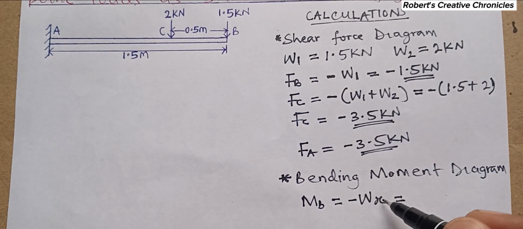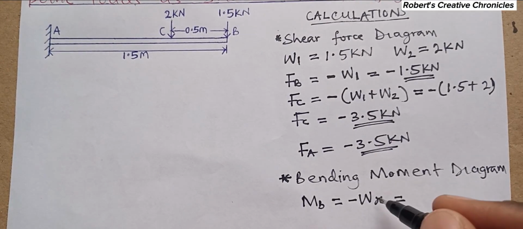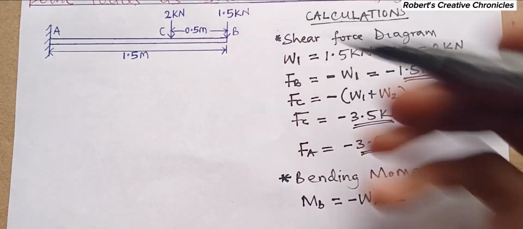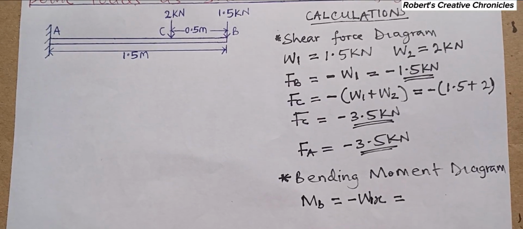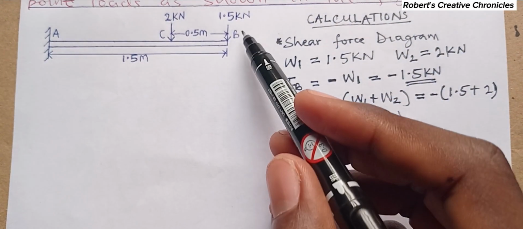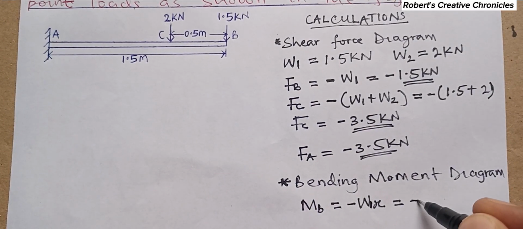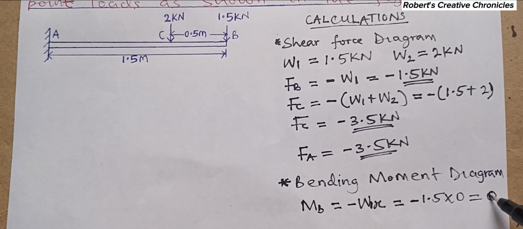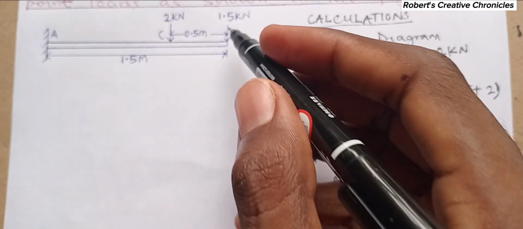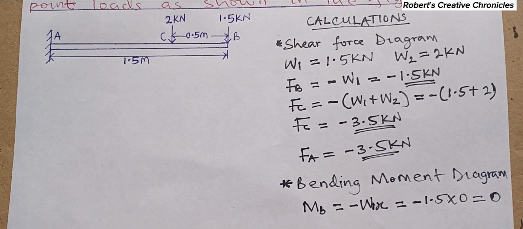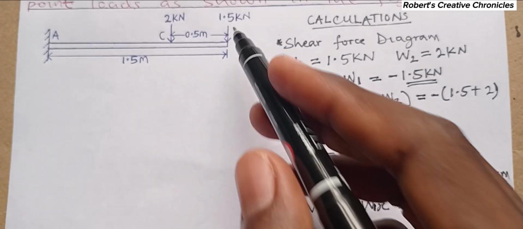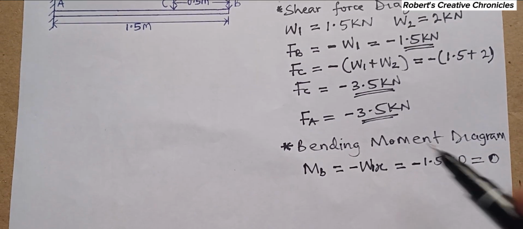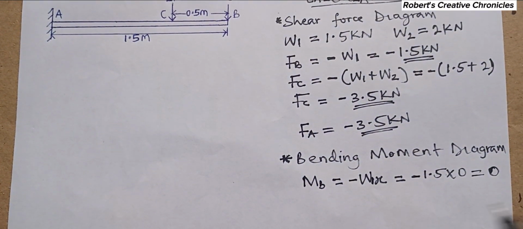The weight now is W1, because 1.5 is the W1. So you can say negative W1 x. So it will be negative 1.5 times 0, which is equal to 0. So the bending moment at this point, B, is 0. It is a free end. The bending moment at the free end is always 0 in a cantilever, because the distance is 0 there.